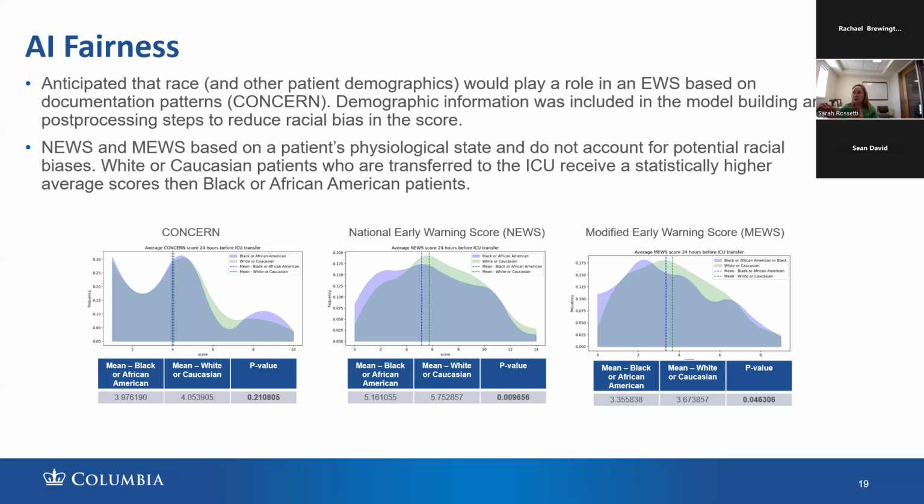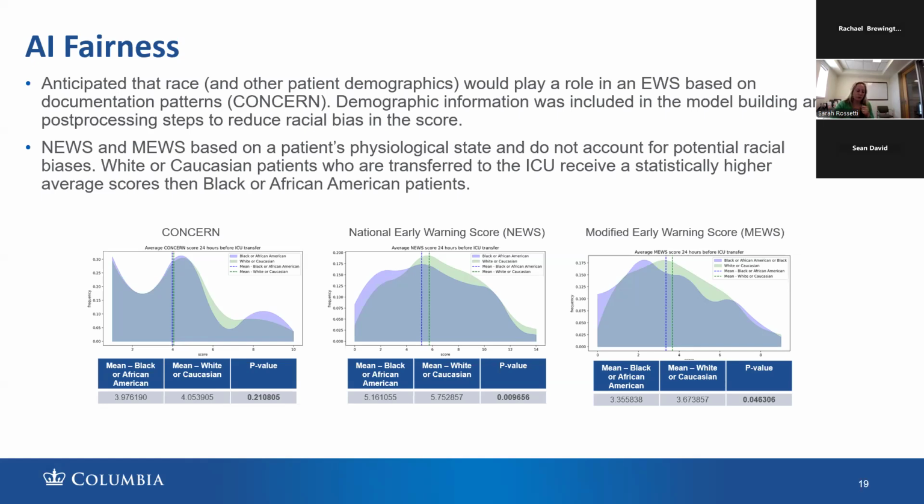Now, I think a really important point on this is we don't at all claim that this is a problem solved in terms of the concern score and AI fairness. This is a complex problem, and I think AI models are still figuring out the best practices for this. And so we hope to keep up with this, but the methods around it are still being figured out and optimized.